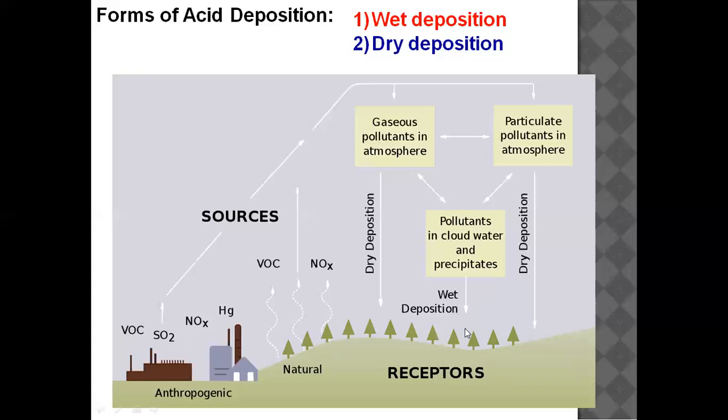The other one is called the dry deposition process. In the dry deposition method, acids are deposited in dry form, such as dust or gases. They can deposit on the earth's surface, and this is called the dry deposition method.